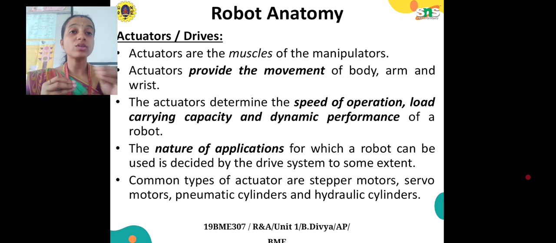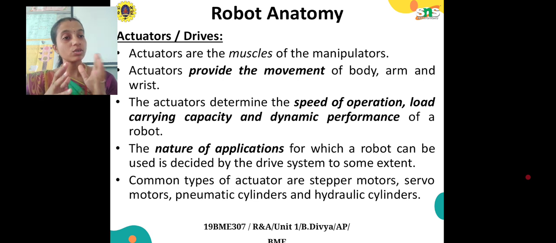Whereas hydraulic actuators perform by using oil pressure or water pressure. According to their working procedure, the robot starts working. With pneumatic cylinders, the application differs according to the air pressure.